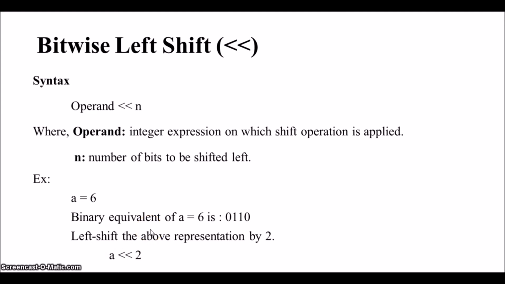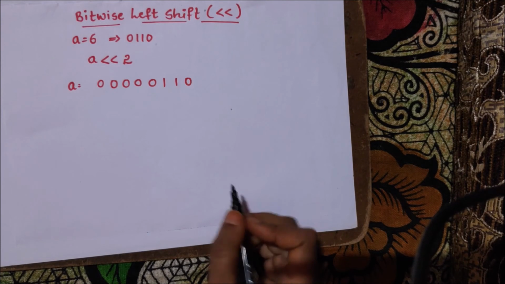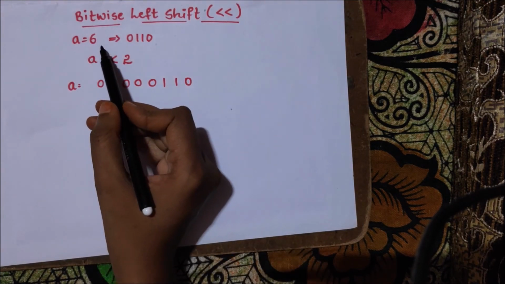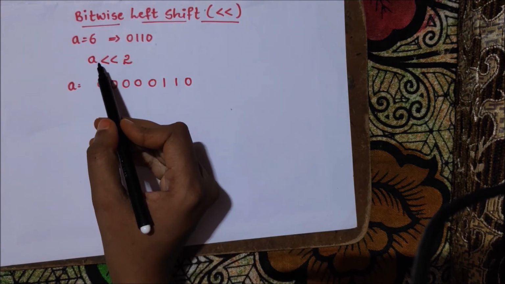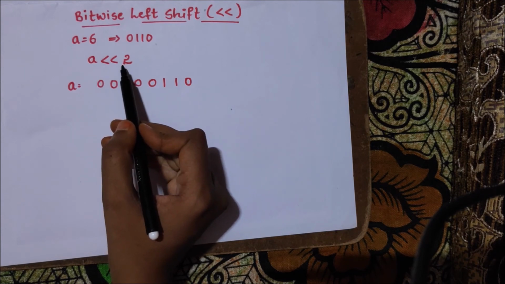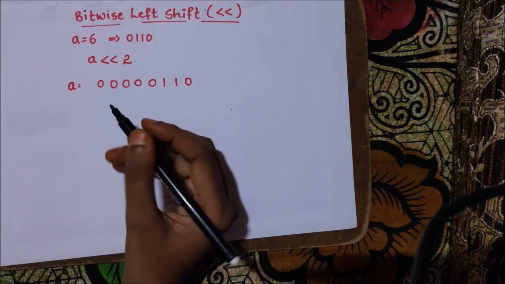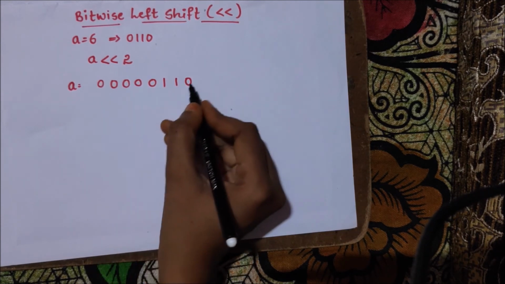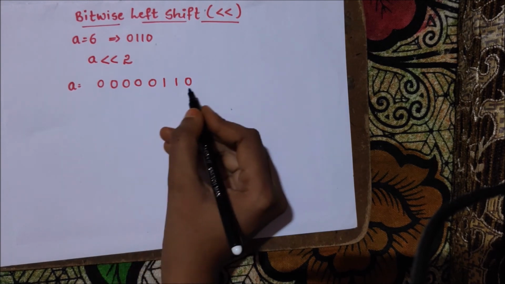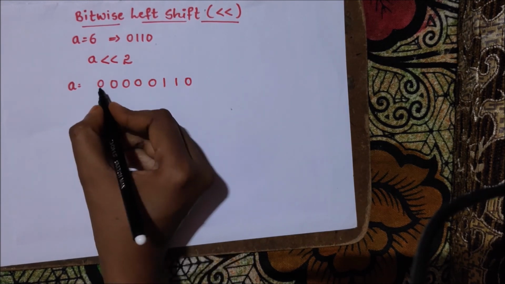How this is performed, let's check it out. Bitwise left shift operator. A is 6. We want to shift this A 2 times to the left side. Let's check how it works. Let's consider it as 8 bits.